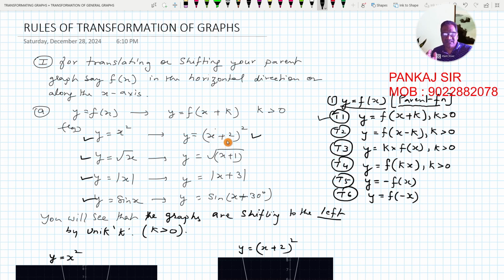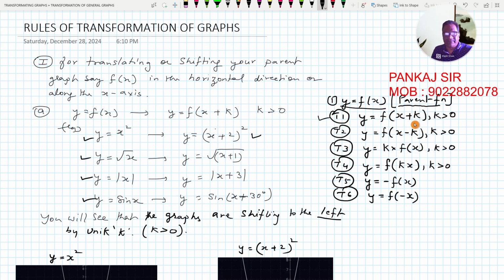Inside the function means you will do that addition, subtraction, multiplication inside the bracket of y = f(x). So inside the bracket you have x, and this x is nothing but the domain. So it is also known as you are going to perform this transformation to the domain.